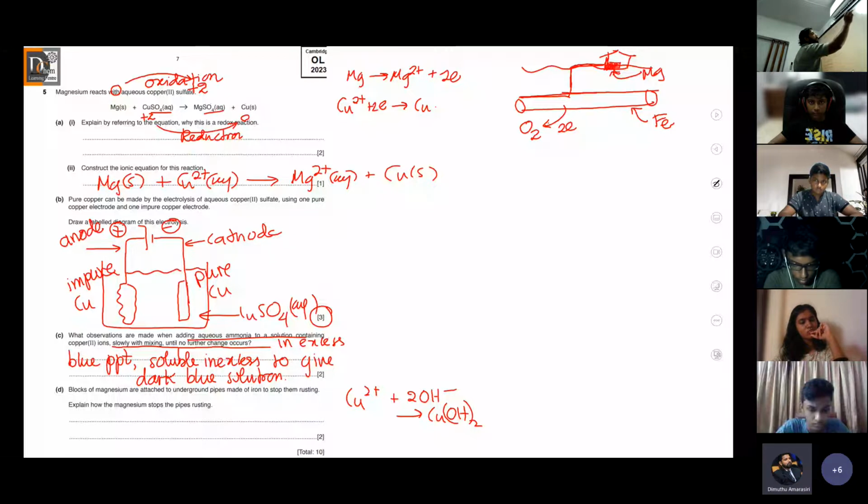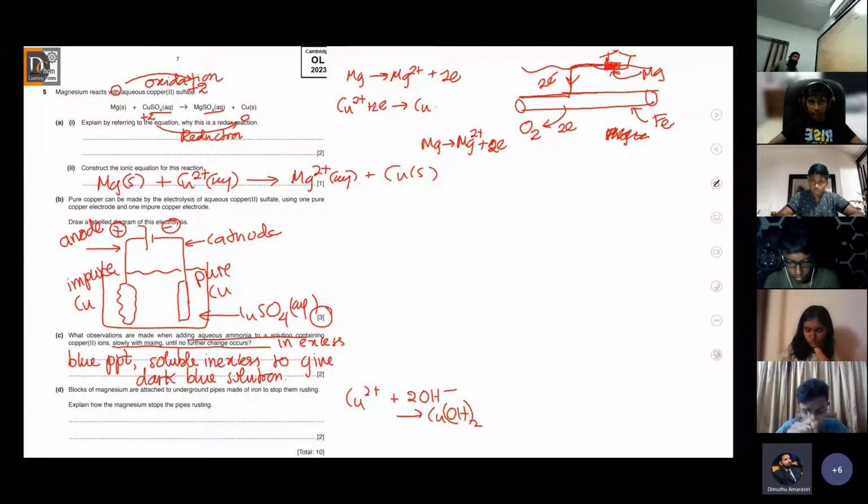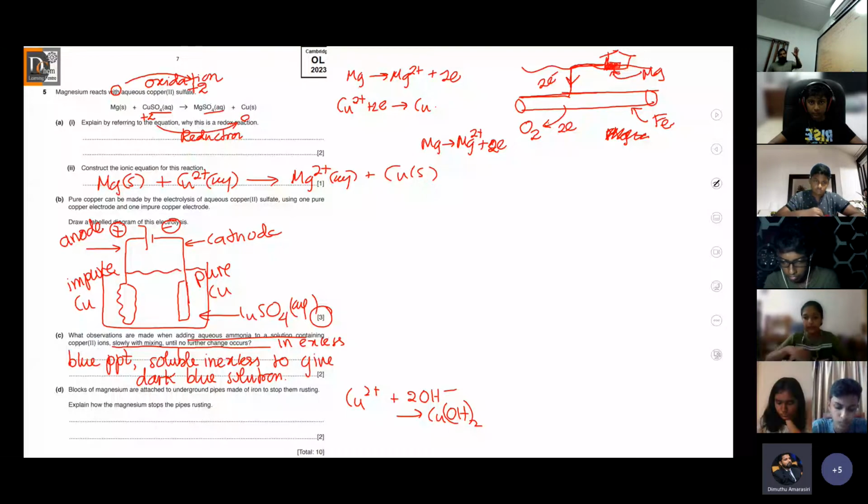Because magnesium is more reactive and it is the one going to get oxidized by giving the electrons. When iron tries to give electrons, magnesium sends those electrons by getting oxidized. So what you have to write, why do we place magnesium?